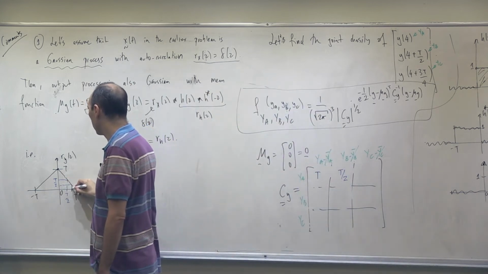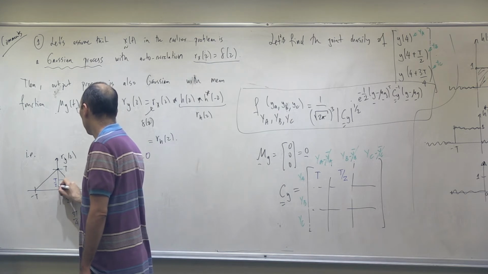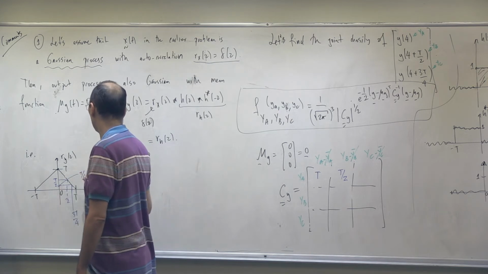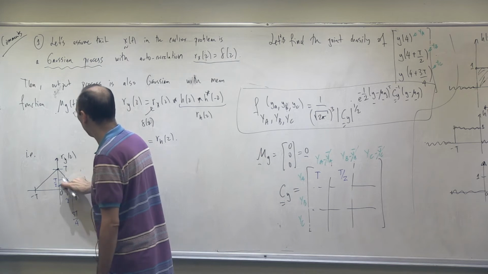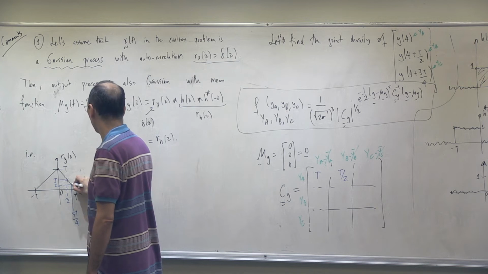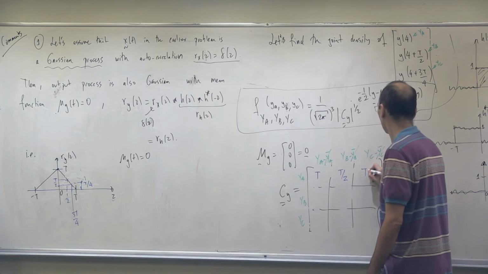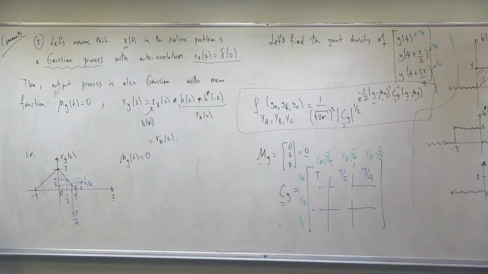Midpoint of this and that, I guess. Or let me write it like this, t over 4. I think we get the idea, isn't it?